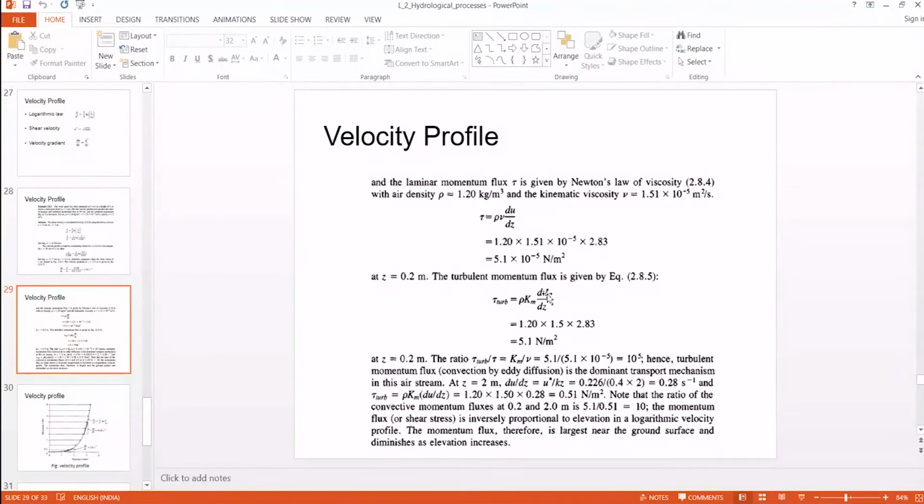This says that in atmospheric flows, since the flow is turbulent, convection is much stronger than conduction, because this is the conduction equation and this is the convection equation. So in turbulent flows, momentum transfer takes place mainly due to convection.